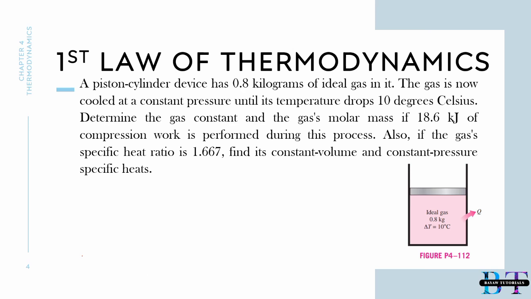So now let's try to find our constant volume. Since our specific heat ratio is given, we can easily attain our constant volume by using the equation R, our gas constant, all over k minus 1, which is 1.667 minus 1.